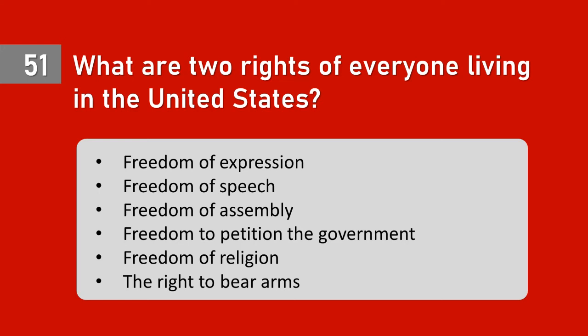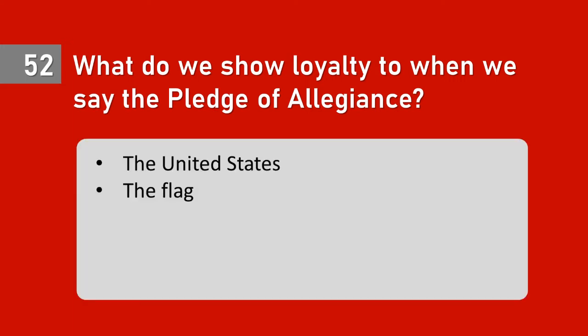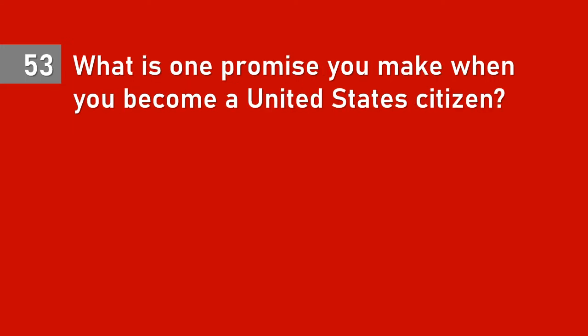bear arms. Question 52. What do we show loyalty to when we say the Pledge of Allegiance? The United States. The flag. Question 53. What is one promise you make when you become a United States citizen?